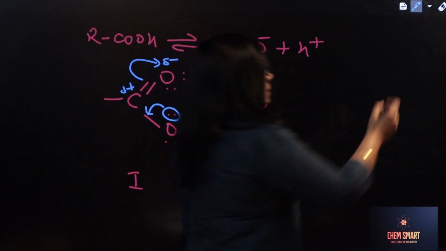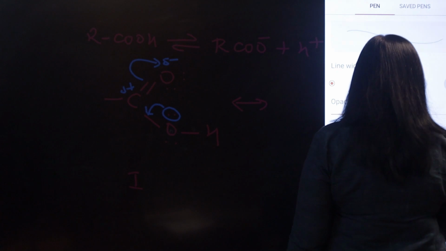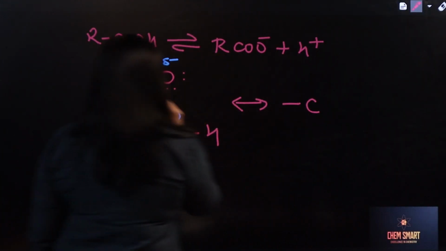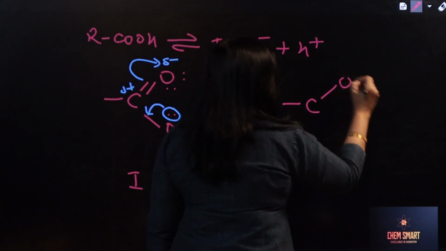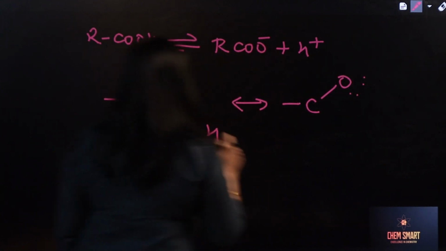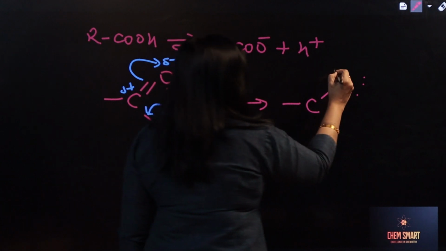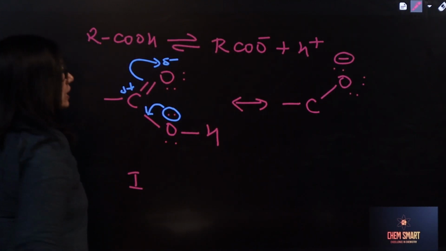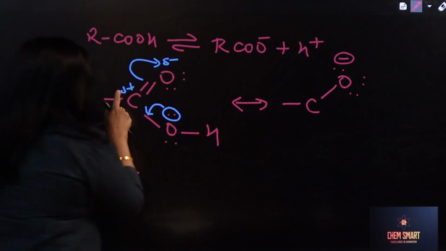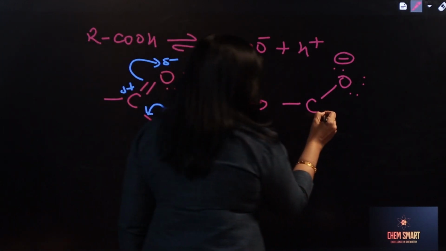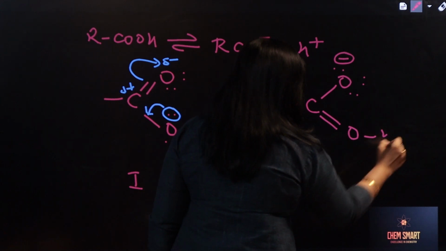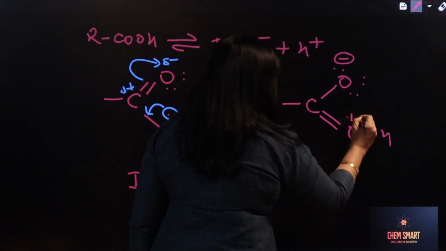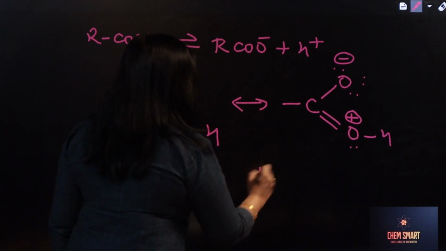After the shifting, the next resonance structure is: the double bond becomes a single bond here. Already two lone pairs are there and one more pair is getting shifted here, making it negative. This plus and this lone pair will make a bond here, so O and then H. Out of the two lone pairs, only one is there now, and the other place has a plus sign. So this is structure number 2.